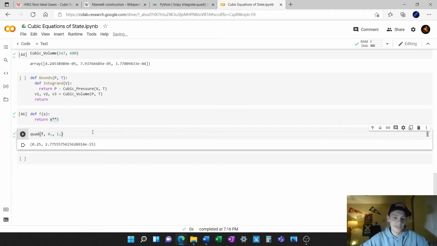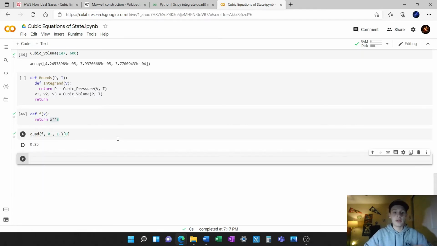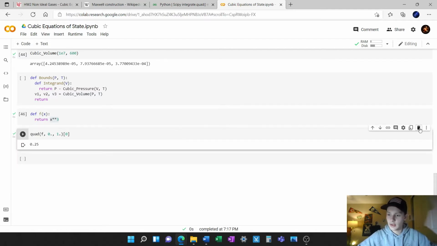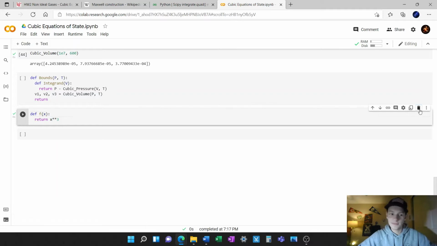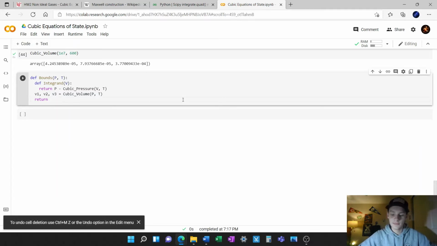We don't need these two values. And since this is a tuple, we can just index it for 0 so that we get only the first value. Hopefully that shows you a very quick, simple way to use quad to do integrals.